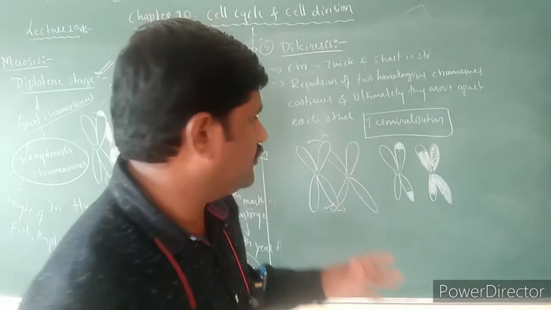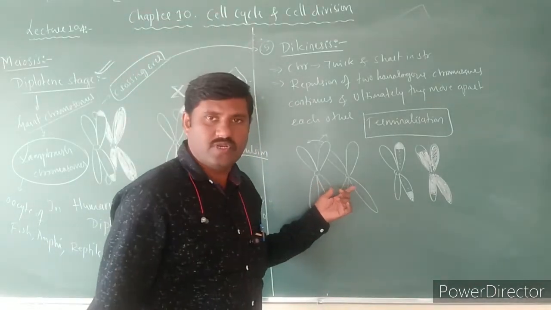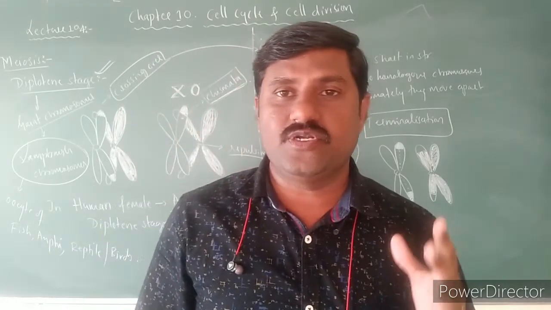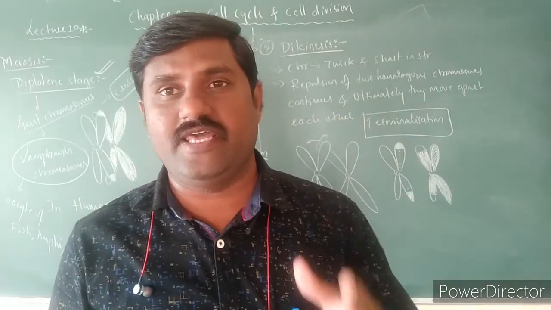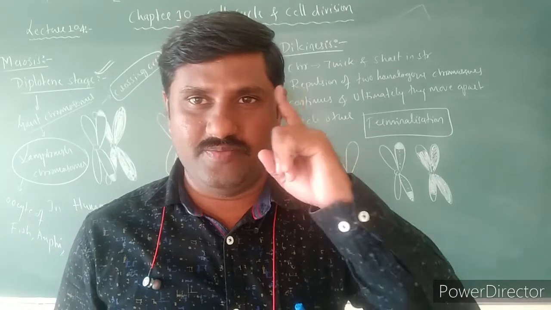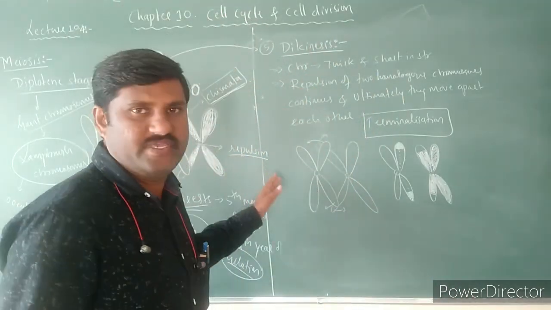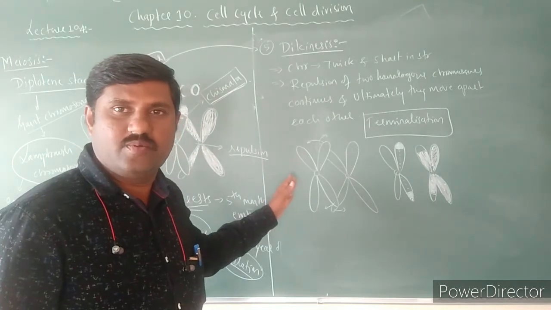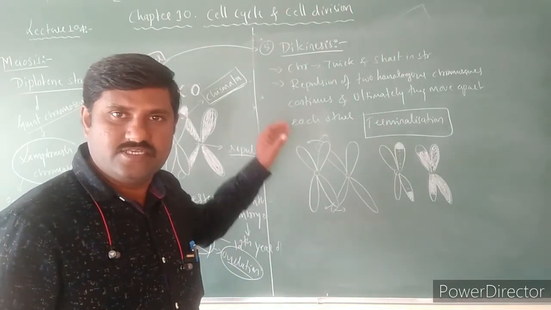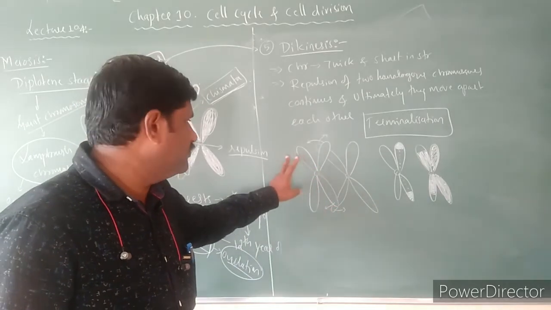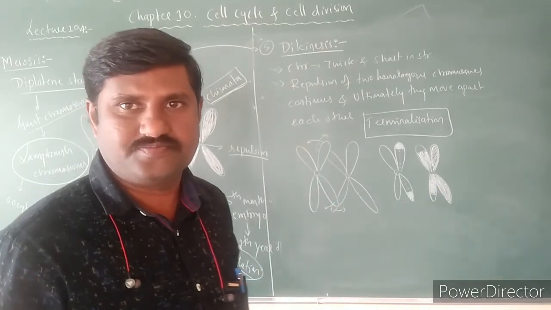I have shown only two homologous chromosomes in the diagram, but actually there will be 23 sets of chromosomes in the case of human beings. Remember, all are undergoing the same type of changes. Similarly, I took an example of two homologous chromosomes here.